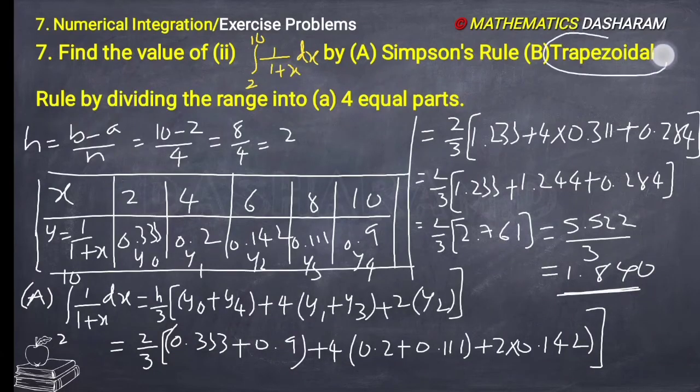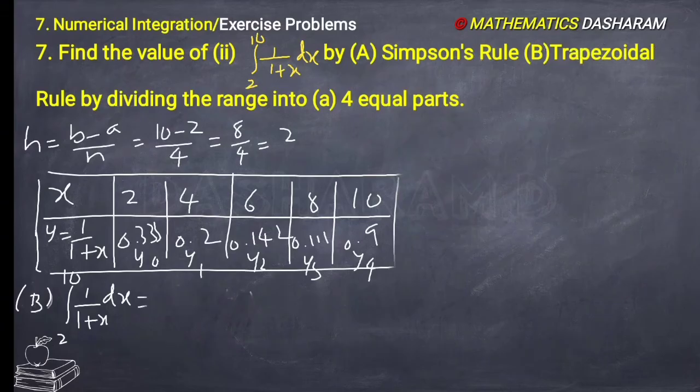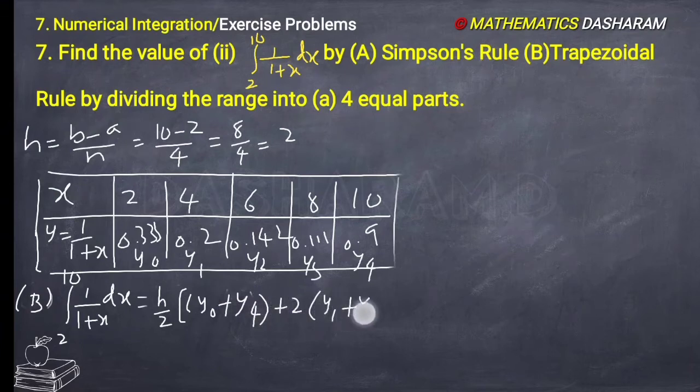Now, trapezoidal rule. So the trapezoidal rule formula is h by 2 bracket of the sum of the first and last ordinates plus 2 into the sum of the remaining ordinates y1 plus y2 plus y3. Now substitute the values in this.